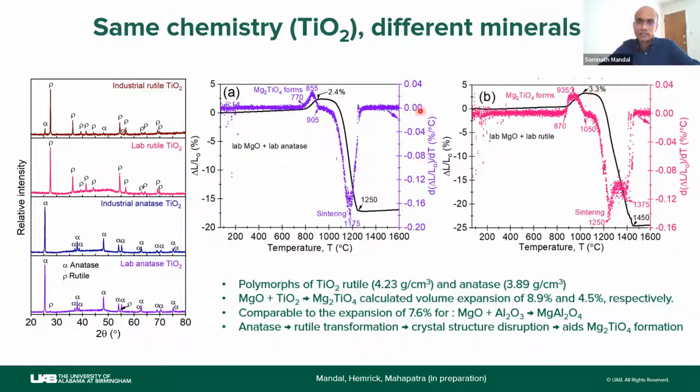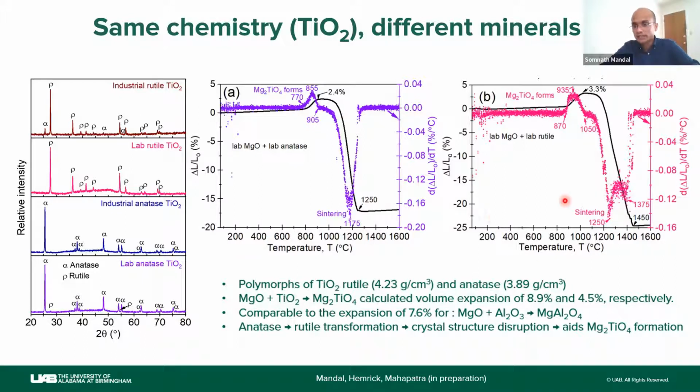Not only that, the derivative curves tell you that anatase based Mg2TiO4 forms at 855 degrees Celsius, which is lower than that for rutile at 935 degrees C. So anatase reacts earlier. The third point, what you see is that there is this sintering, there is shrinkage, and the optimum peak temperature is at 1175, which is much lower than the average of these two temperatures, which is, I believe, 1312.